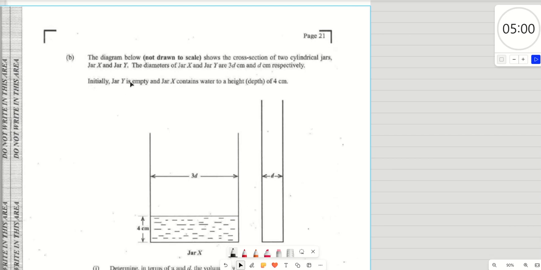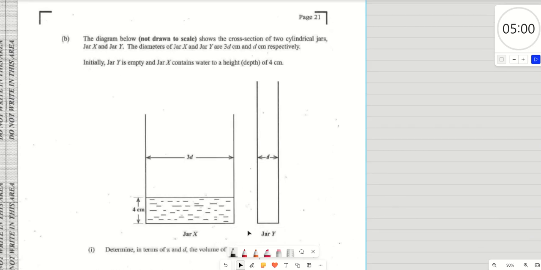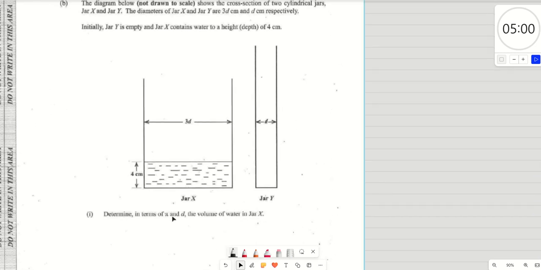Initially jar Y is empty and jar X contains water to a height or depth of 4 centimeters. So this is 4 centimeters. Determine, in terms of D, the volume of jar X. What is jar X? This jar.